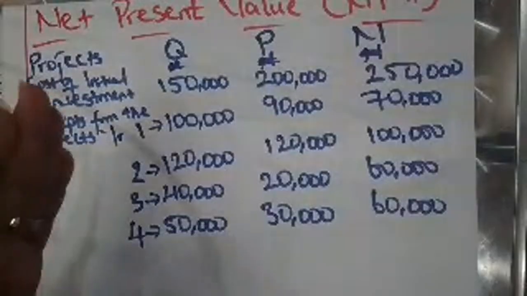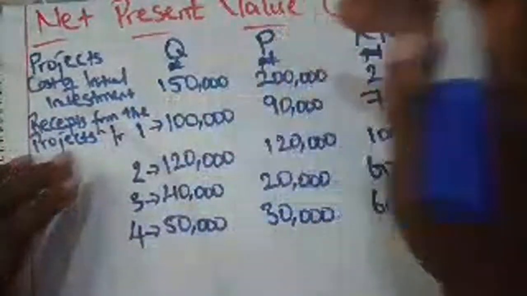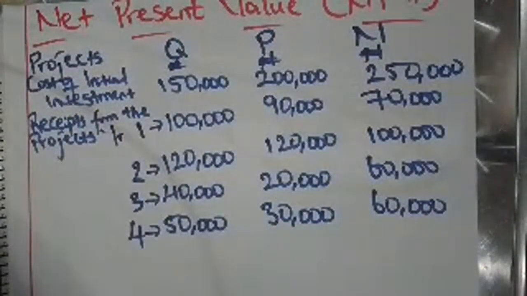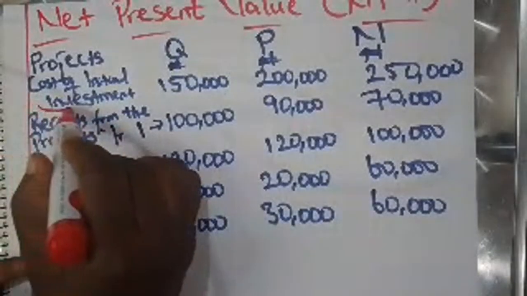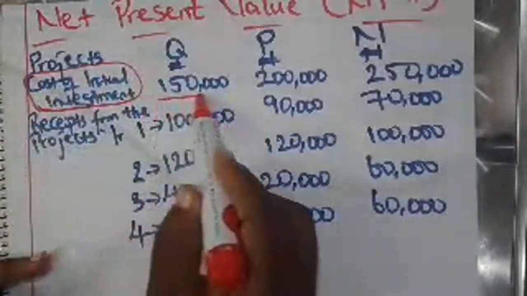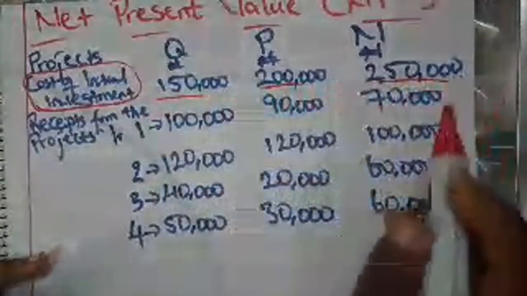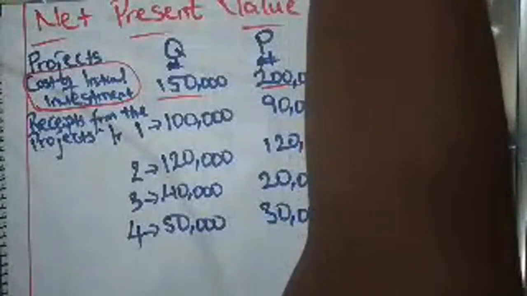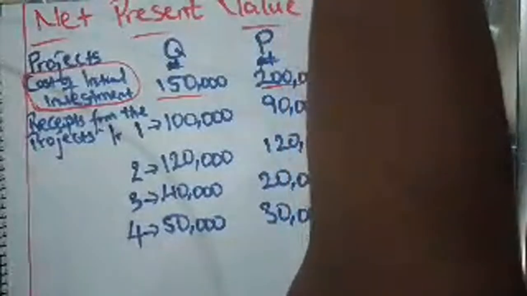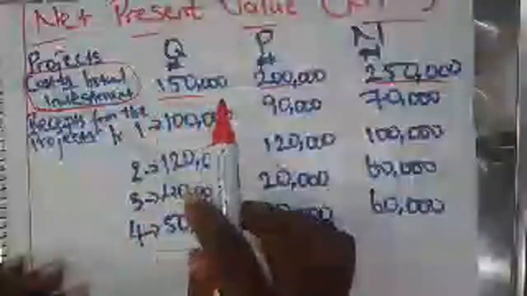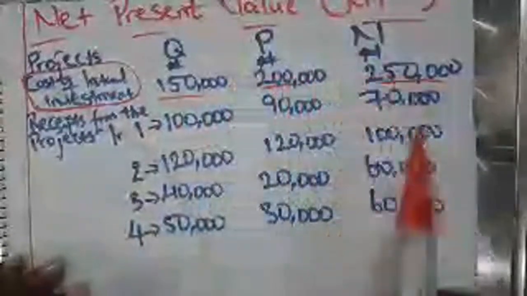So they want to embark on project Q, project P, and project N. So their cost of initial investment is this: 150, 200, 250.